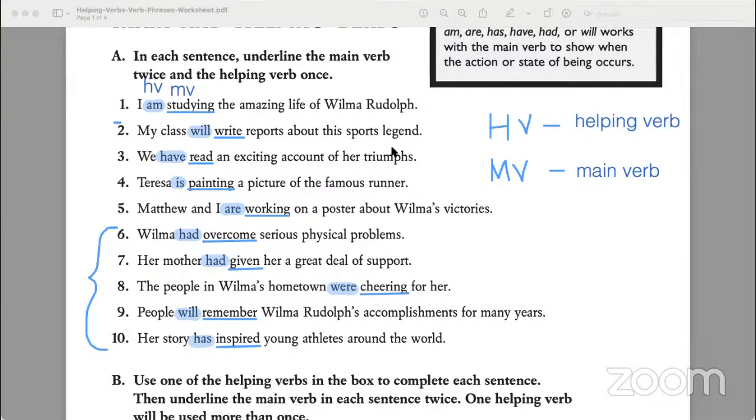Give you guys a few seconds to finish marking. We're moving on to section B.